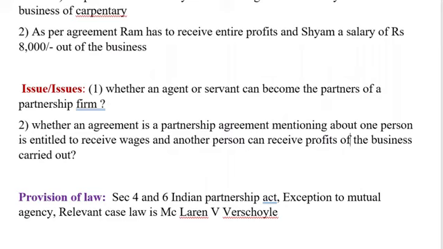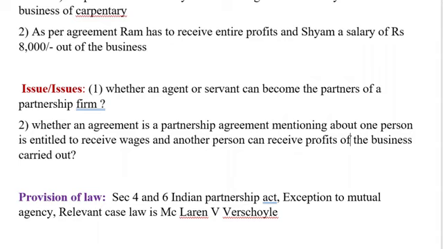And under Section 4, we have seen what the characteristics of the partnership are. And with regard to Section 6 of the Indian Partnership Act, we can see the method of determining the existence of the partnership. One thing we can see while discussing the concept, ingredients or essentials of the partnership is that there should be four points.